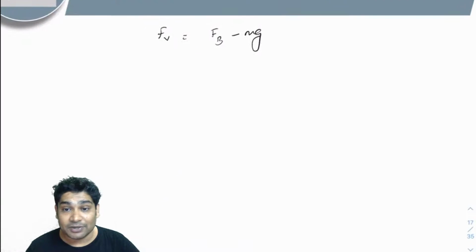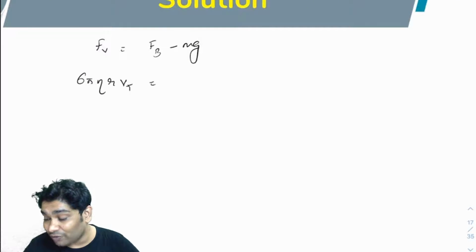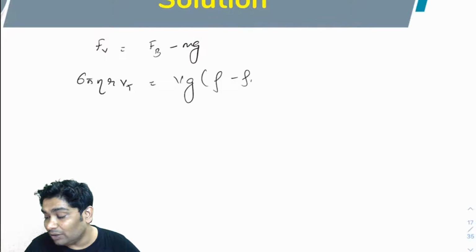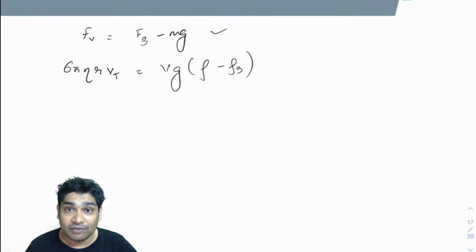All right, let's start substituting the values. So I have 6 pi eta r Vt, where Vt is the terminal velocity. This should be equal to the buoyant force, which would be Vg times rho of liquid minus rho of bubble, capital V being the volume.